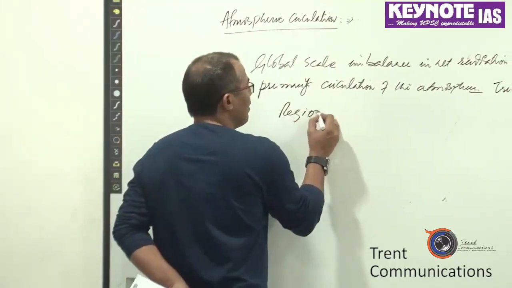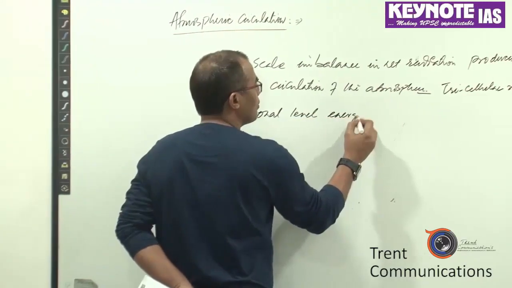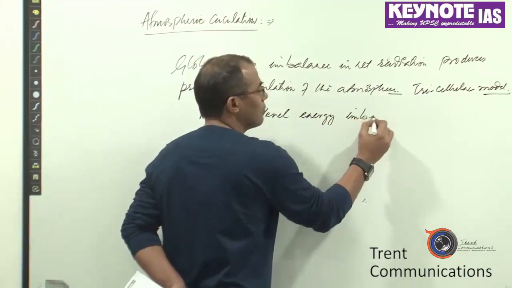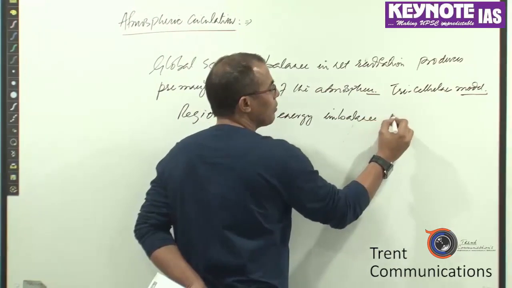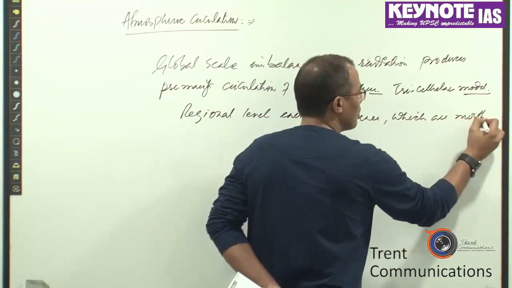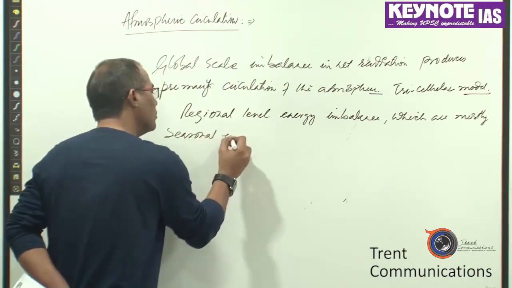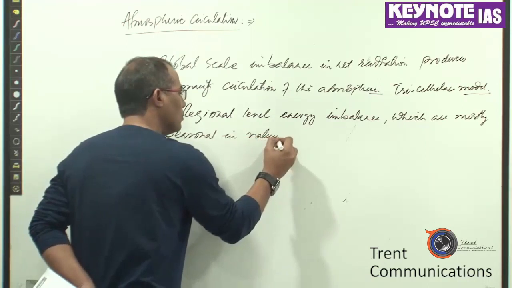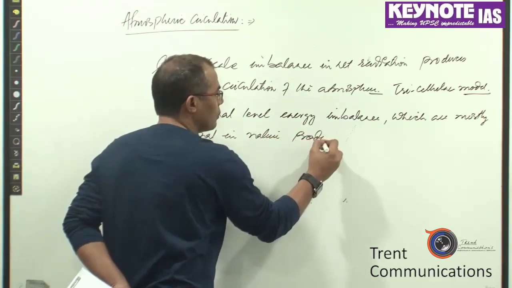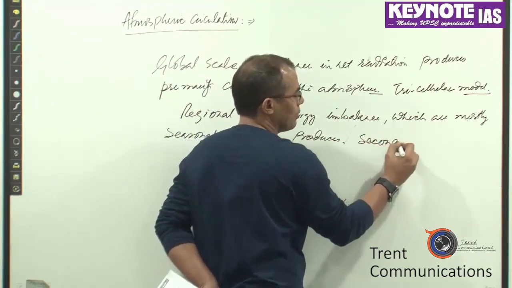Now, regional level energy imbalance, which are mostly seasonal in nature, produces secondary circulation.